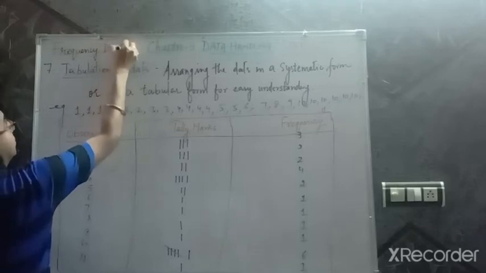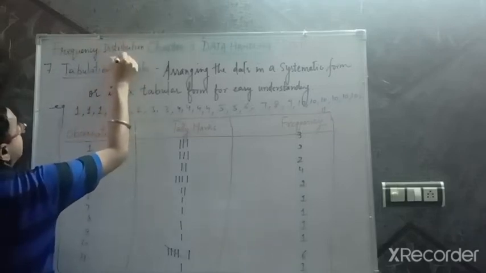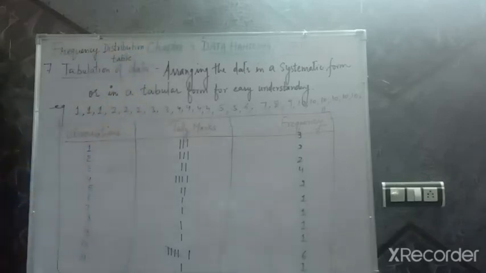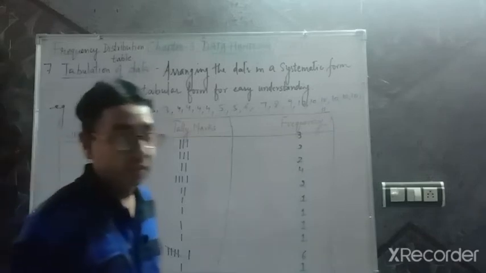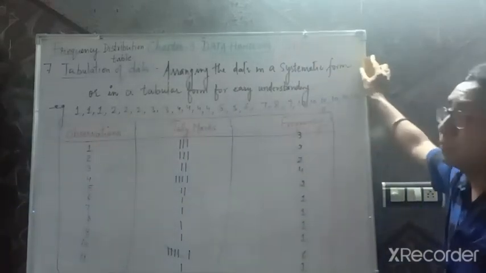Another name of this table is frequency distribution table. Why do we call it a frequency distribution table? Because we have distributed the frequency to each and every term. That is why it is known as a frequency distribution table. Are we clear?